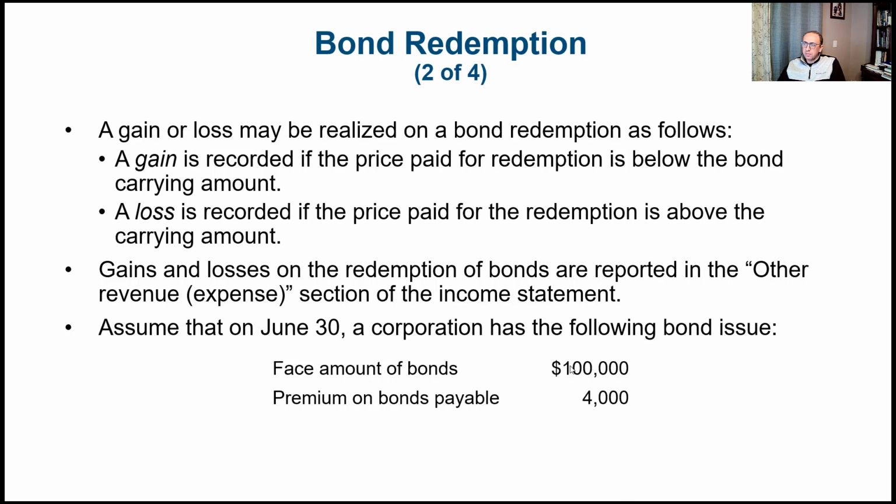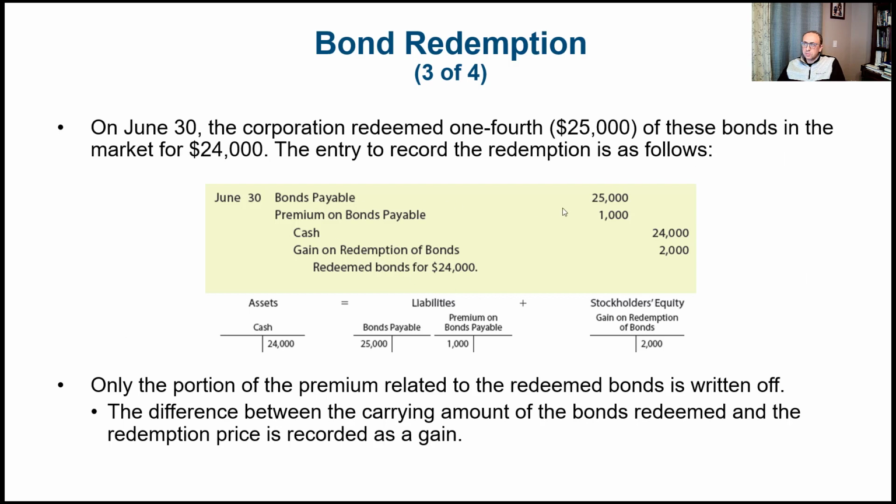So if we bought back or redeemed 1/4 of this value, which is the $25,000, then we also have to cancel the premium on the bond for 1/4 of the $4,000, which is $1,000. And that's why the bonds payable here is $25,000, and we're debiting it, we're canceling it. We are also canceling the premium on bonds payable for the $1,000.